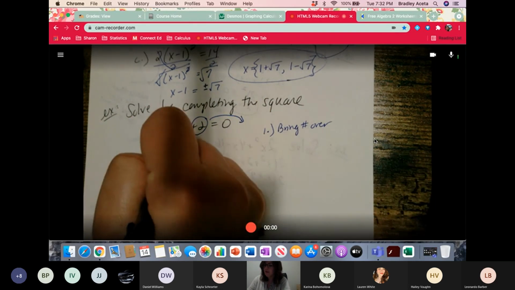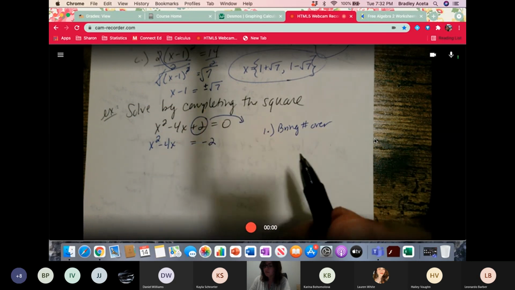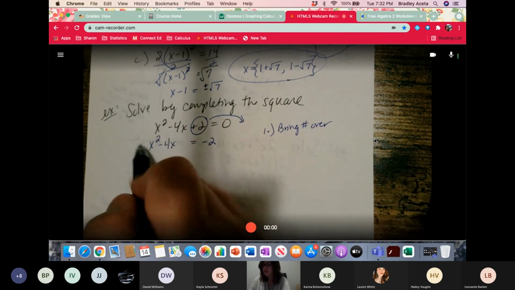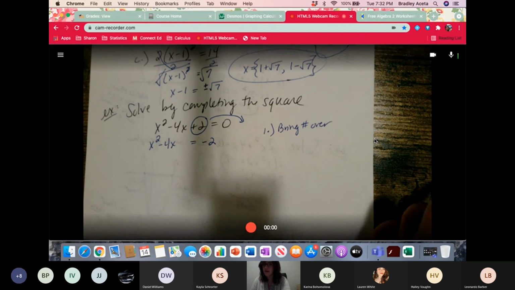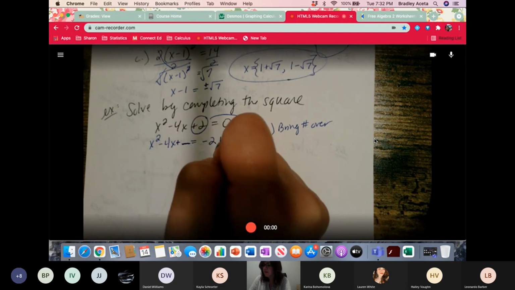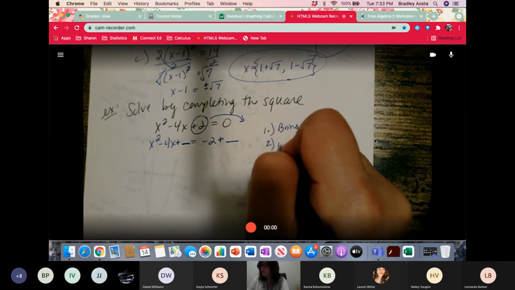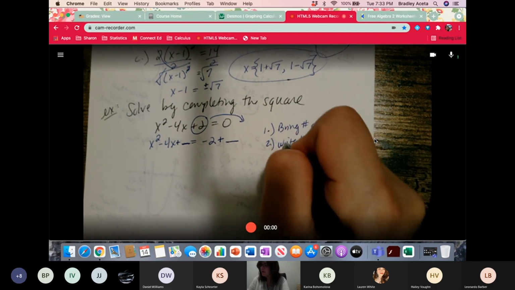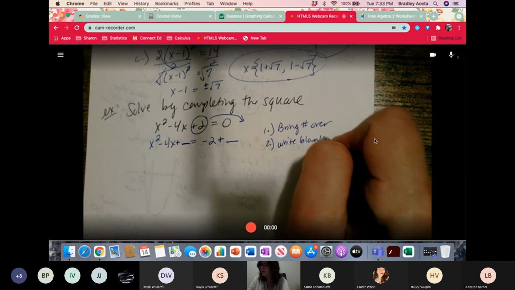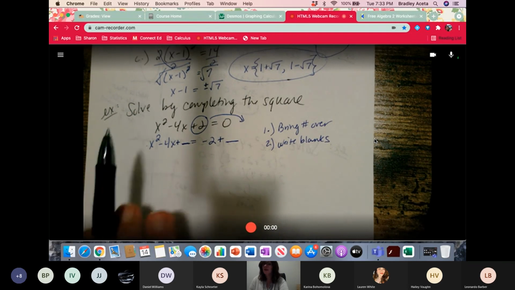x squared minus 4x equals negative 2. Now, this is a nice one because this has a 1, so we're not going to have any problems here. Just go plus blank plus blank. So write your blanks. See, if there was like a 2 here or a 3 here, we'd have to factor it out, but we don't have to factor out anything.